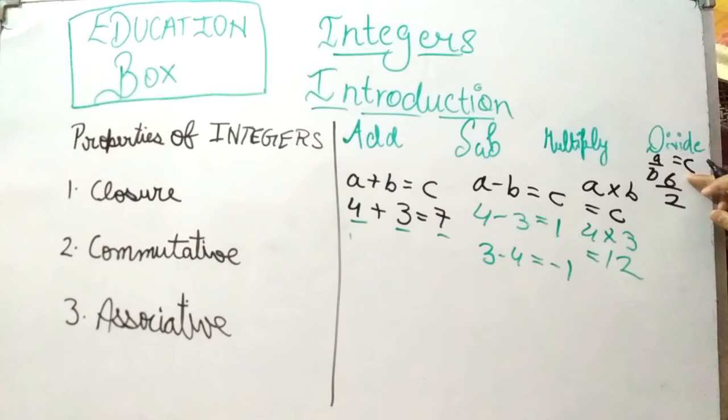But our answer can be an integer or a rational number. As we have discussed earlier, rational numbers are those numbers which can be written in the form of p upon q, where q is not equal to 0.